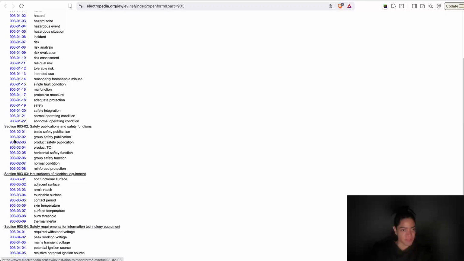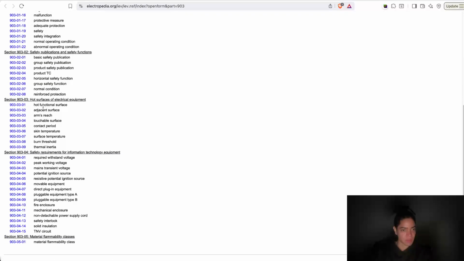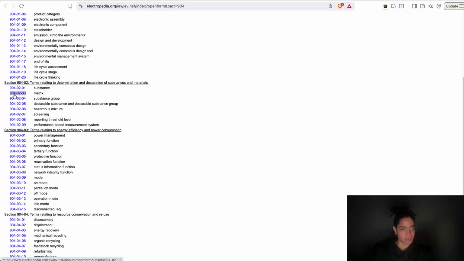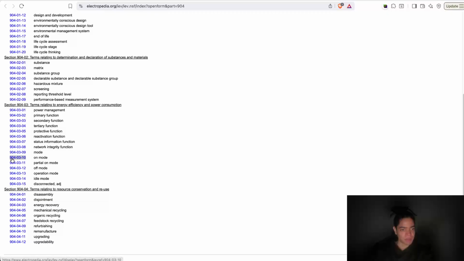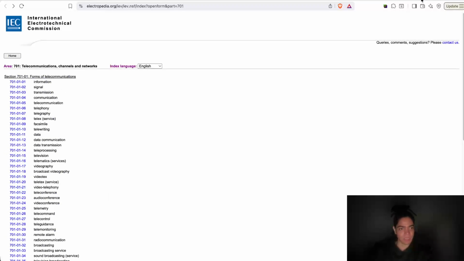Safe publication and safety functions. Hot surfaces and equipment. Safety requirements for information technology equipment. Material flammability classes. And the other is environmental standardization for electrical and electronic products and systems. Terms related to power management, modes, on and off. Okay, that's quite revealing, by the way.